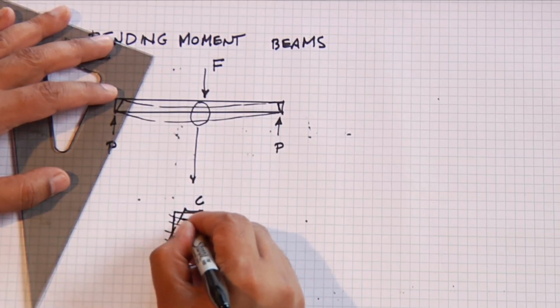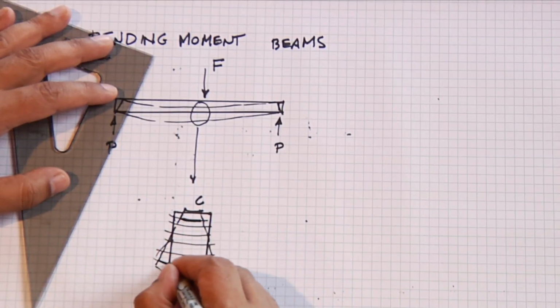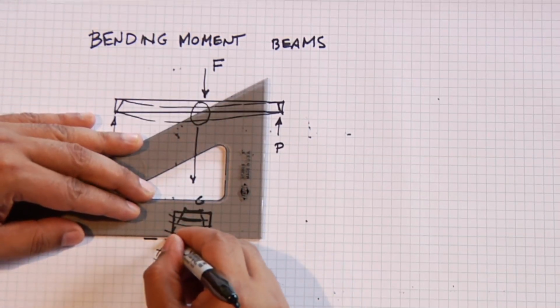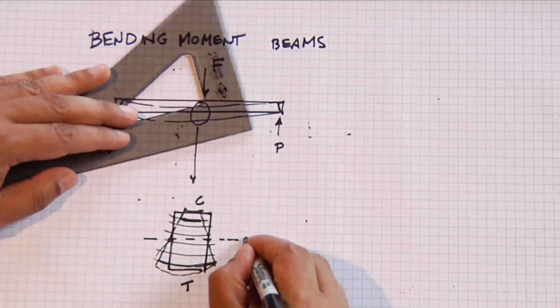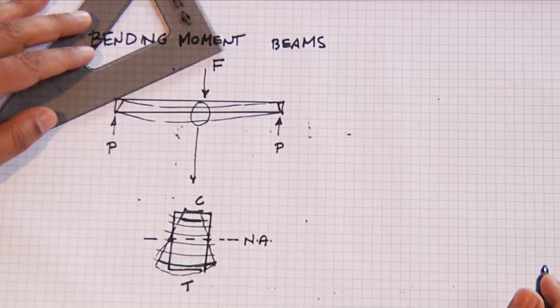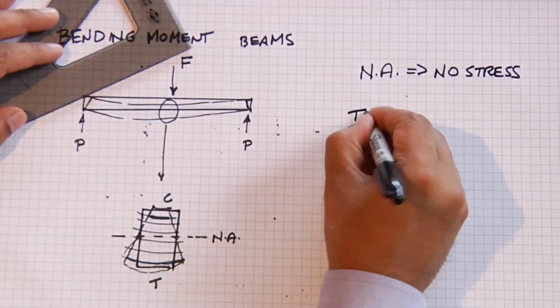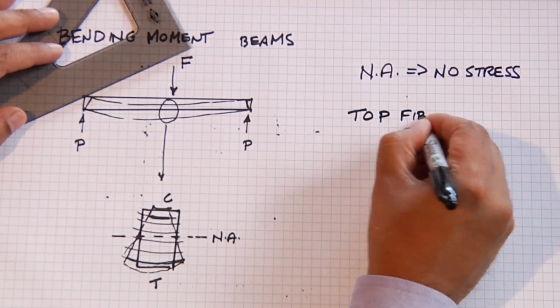are compressing on the top and they're extending on the bottom. And in the middle, nothing is happening. We call that the neutral axis. So the neutral axis, we have no stress. On the top fibers, we have compression.